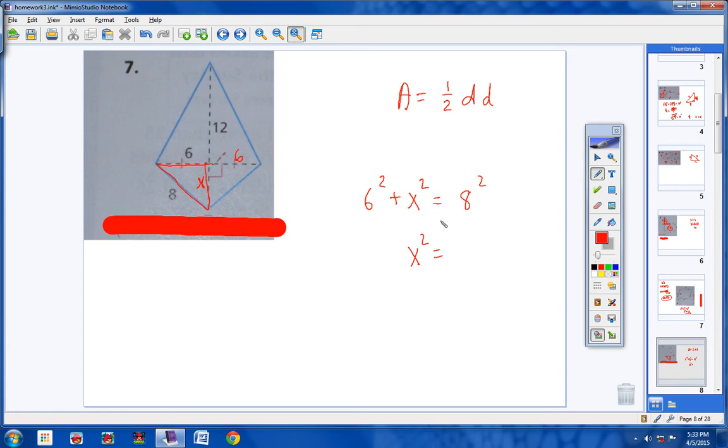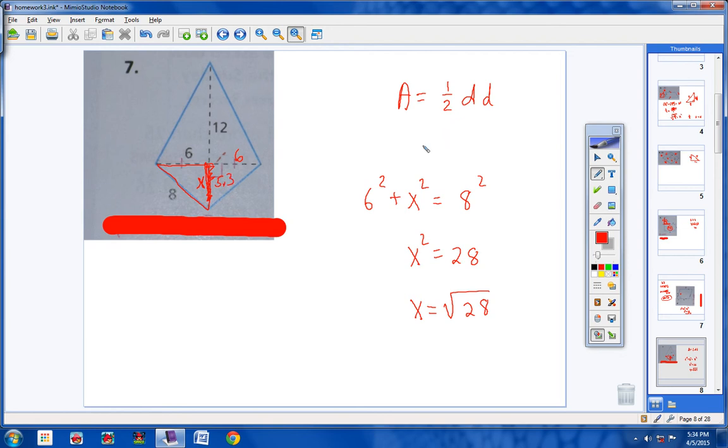So take the square root of both sides, and we're left with the square root of 28. Alright? So that would be this right here. I'm going to go ahead and make that decimal. I think it'd be a lot easier. So 5.3. So this red squiggly line right here is 5.3.